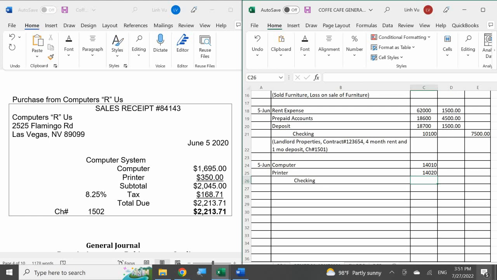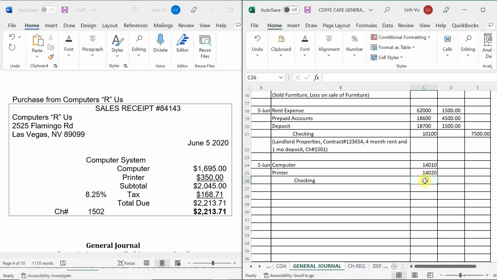So if my computer only cost me $16.95 and my printer cost me $350, what do I do with the sales tax money? Sales tax expense. Well, why would you incur a sales tax expense separately?